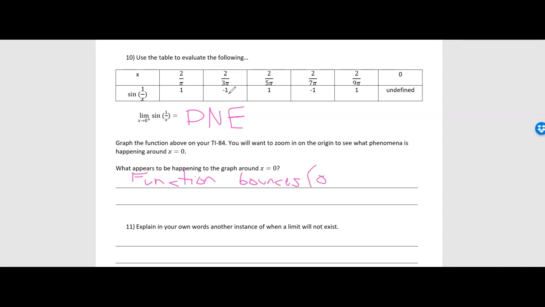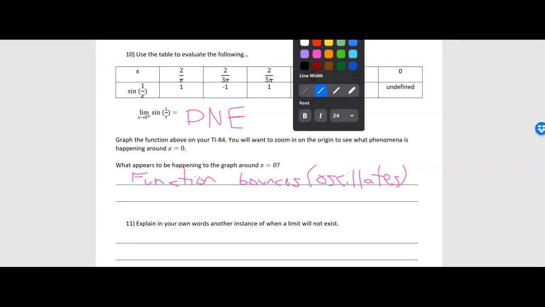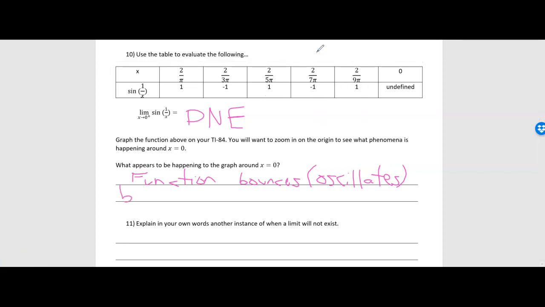And again, a better word for this is oscillates. Bounces between -1 and 1.